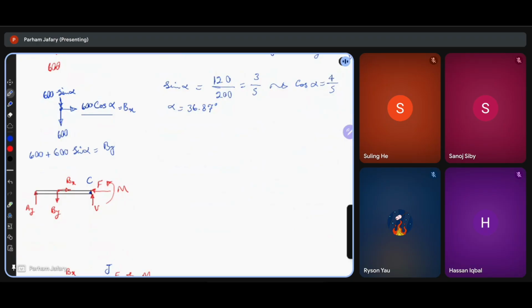Why not? Can anybody answer this question? He's asking why we didn't include those ones while calculating the reaction.